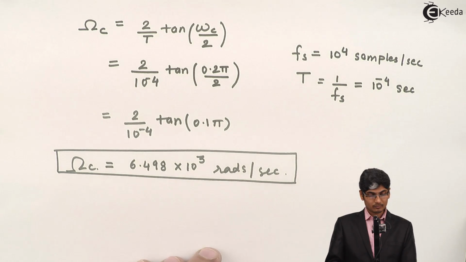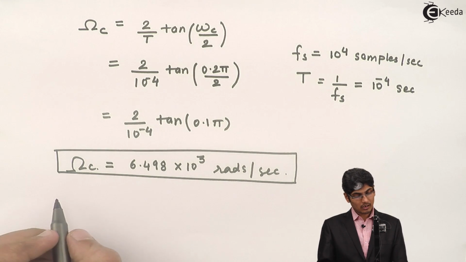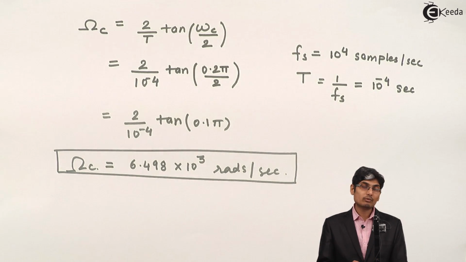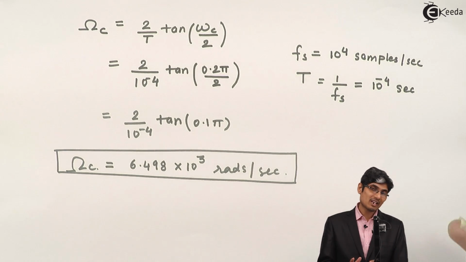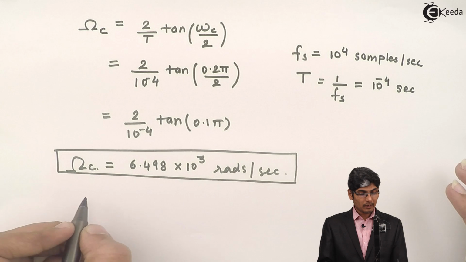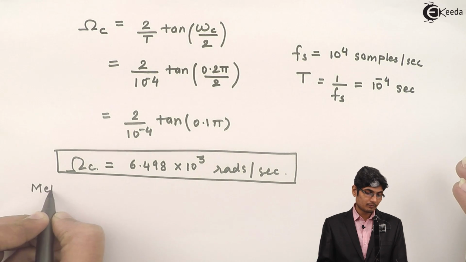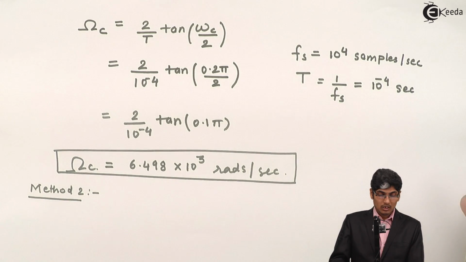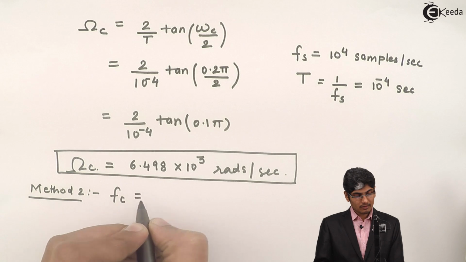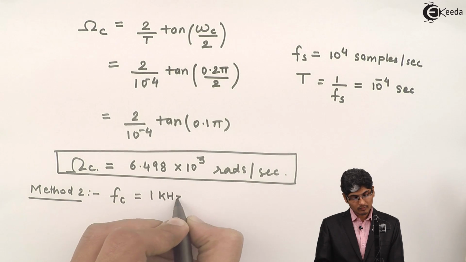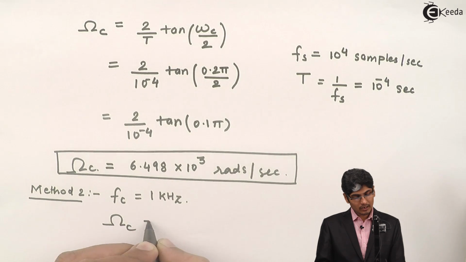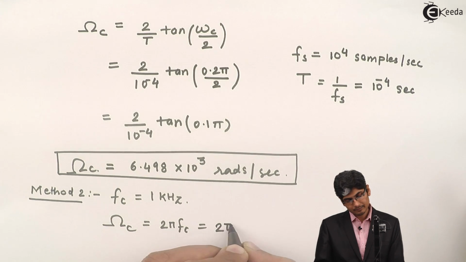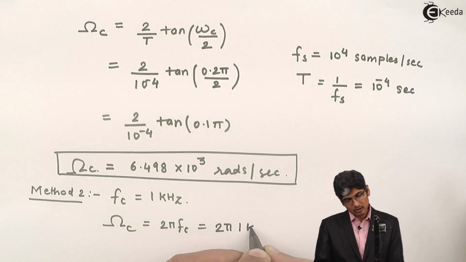This is one method. In the second method, both methods will give two different answers, because here we are actually using the equation which has been stated in the problem. Otherwise, let us say method 2: one might also comment that if fc is given as an analog frequency, which is 1 kilohertz, then the radian frequency omega c will be equal to 2 pi into fc, which is 2 pi into 1 kilohertz.